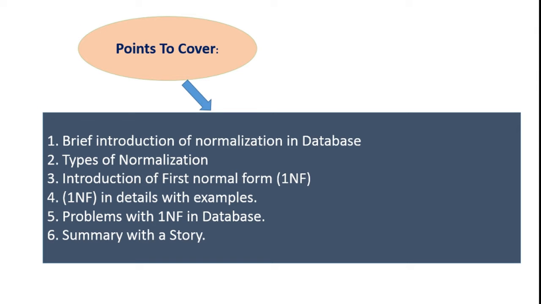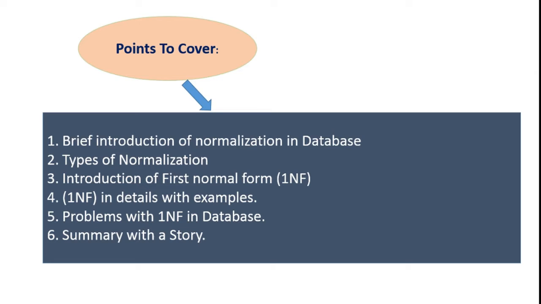So here you can see I have listed some points to cover and we are going to discuss each one individually. First of all, we will see the introduction of normalization in database because it's really important, because after that we are going to see the types of normalization. The second point is types of normalization. We will see some short descriptions.